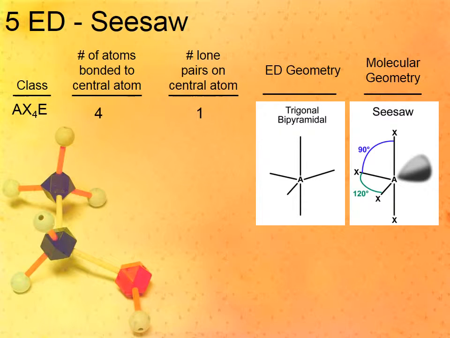The basic electron domain geometry name doesn't change, but its molecular geometry now does change in that we have a lone pair at the equatorial plane, causing the angles between the x and y-axis bonds to be a little bit less than 90, and the angle between the bonds at the equatorial plane to be a little bit less than 120, given that the lone pair is, as you know, a larger cloud, and it repels the bonding pairs a little more strongly.